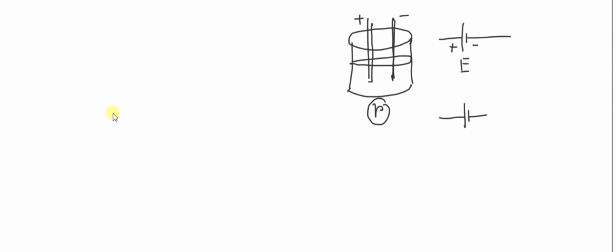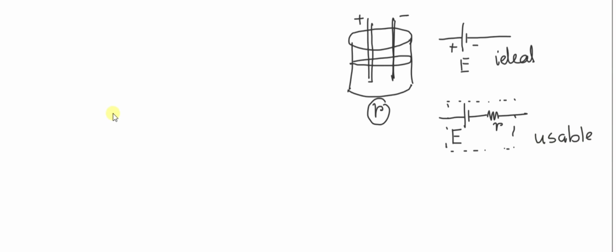So a simple electrolytic cell, and an internal resistance small r is in series with it. So as a whole we can say this is the electrolytic cell. This is the package of the cell, the usable one, and what we have drawn before is the ideal one.